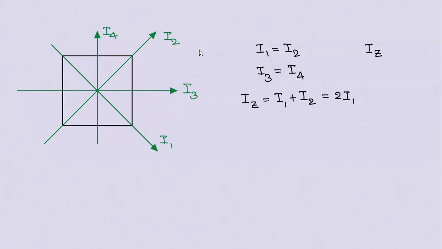Okay. Now I take the same axis once again. I take I3 and I4. So Iz is equal to what value? I3 plus I4, right? You know very well. I4 is equal to I3, so I write 2I3. Check it. If Iz is equal to 2I1 and Iz is equal to 2I3, what can I conclude? I1 equal to I3.